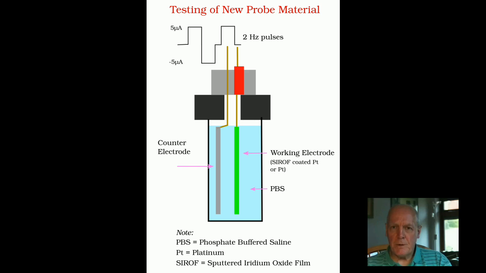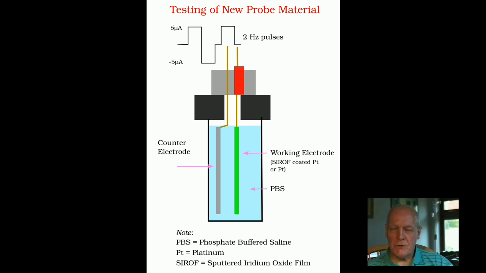So they tested both platinum and platinum coated probes. Their probes were platinum coated with iridium oxide. They tested both these types of probe in phosphate buffered saline. Now, phosphate buffered saline, they say, represents, or very closely represents, the electrical characteristics of the spinal cord fluid.